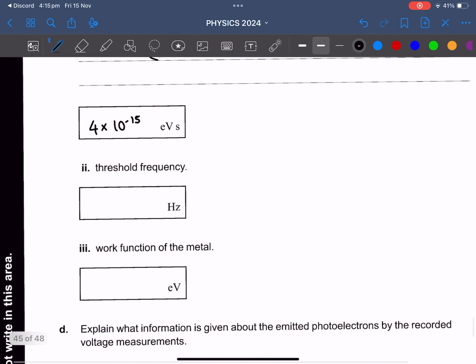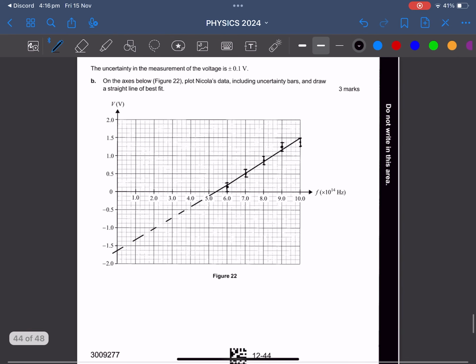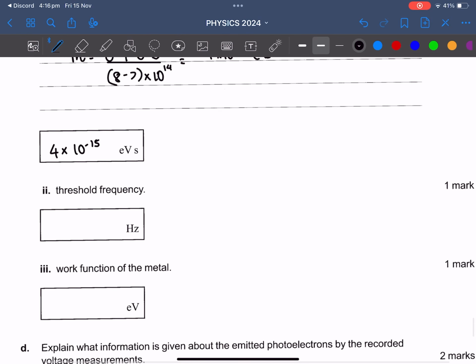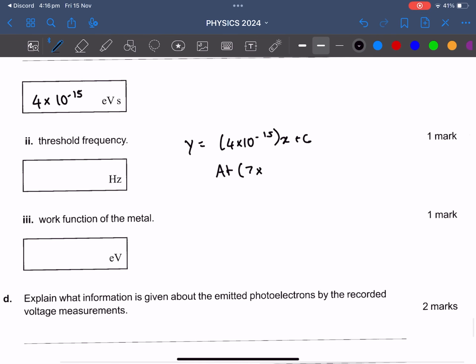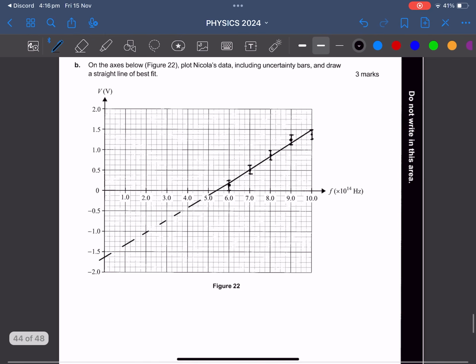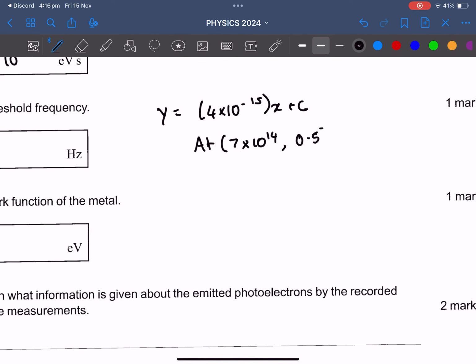The threshold frequency, for that we need the whole equation because we are basically finding the x-intercept. So y equals 4 times 10 to the minus 15 x plus c. At 7 times 10 to the 14, the voltage was 0.5.